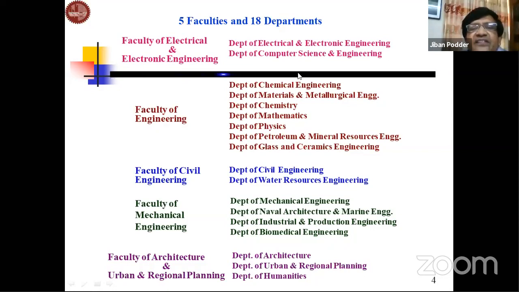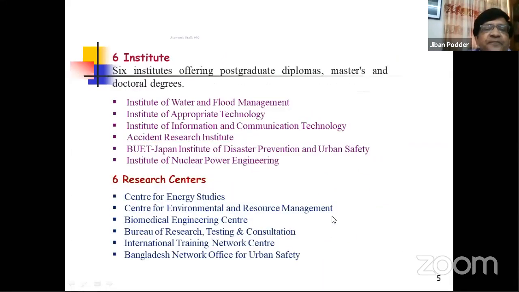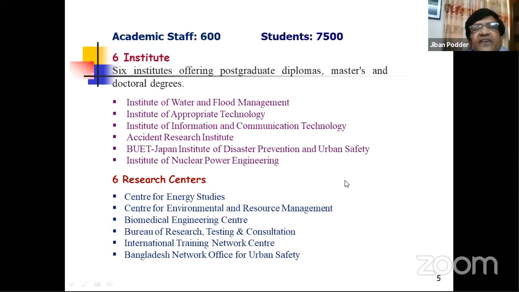There are engineering departments such as electrical, computer science, chemical, material, metallurgical engineering, and all basic sciences: physics, chemistry, mathematics, petroleum and mineral resource engineering, glass and ceramics, civil engineering, water resource, mechanical engineering, naval architecture, industrial production engineering, biomedical engineering, architecture, urban and regional planning, and humanities. And there are 6 institutes and 6 research centers. We are about 600 faculty staff and 7,500 students on the campus.